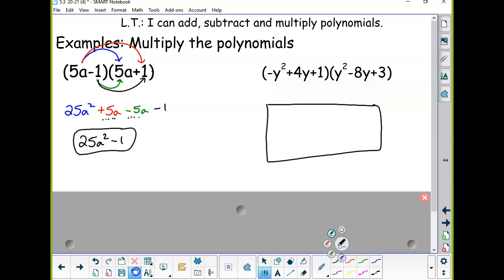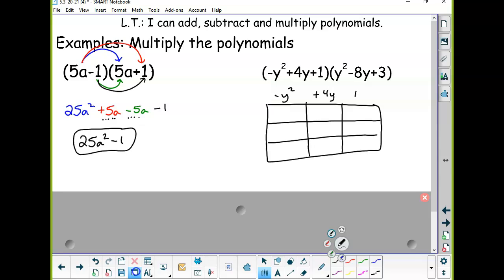So I would like you guys to write this one. I have a trinomial times a trinomial. 3 times 3, which is 9. That's why there's 9 boxes.